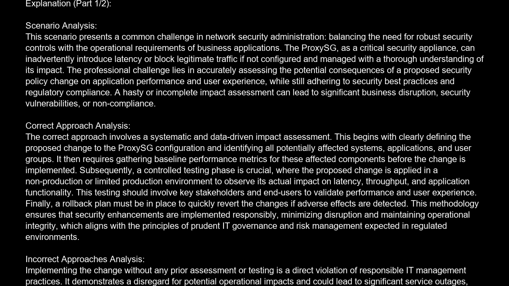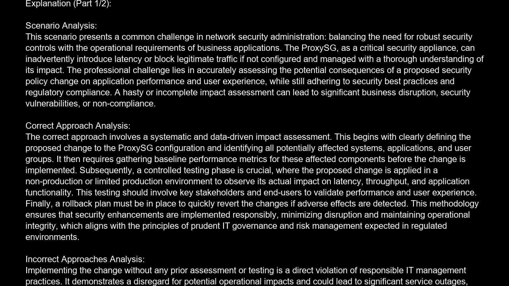Subsequently, a controlled testing phase is crucial, where the proposed change is applied in a non-production or limited production environment to observe its actual impact on latency, throughput, and application functionality. This testing should involve key stakeholders and end users to validate performance and user experience. Finally, a rollback plan must be in place to quickly revert the changes if adverse effects are detected.